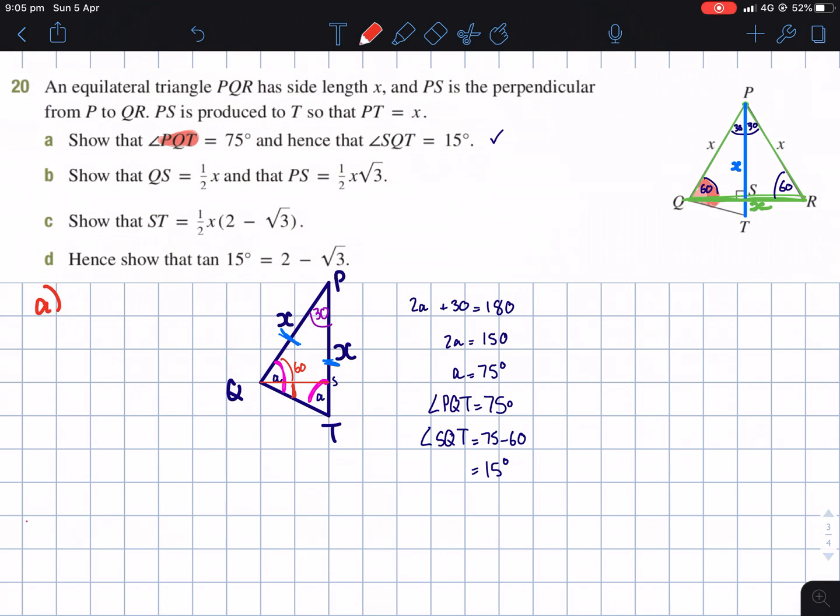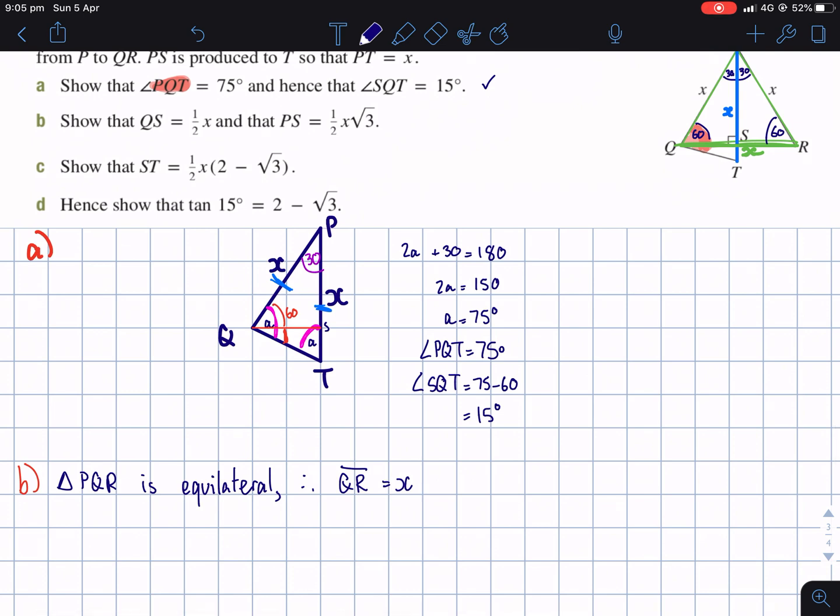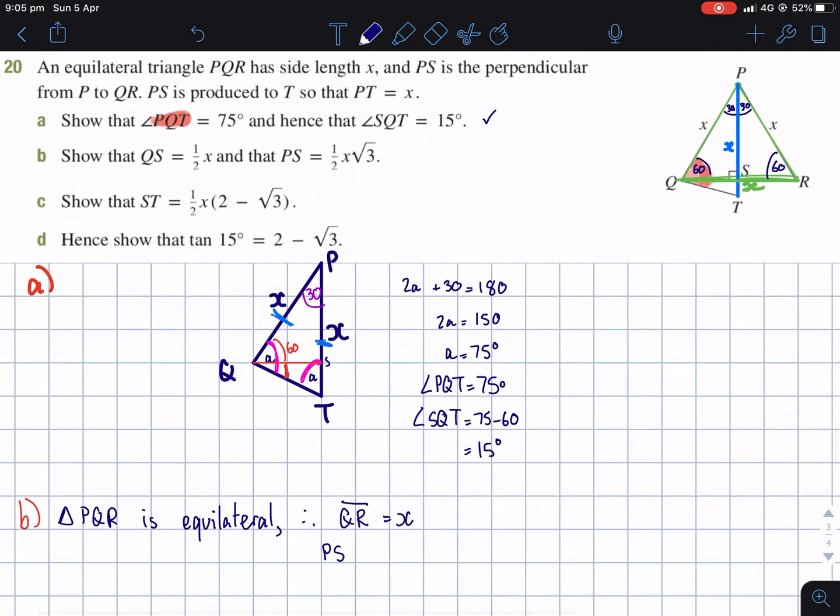Now let's have a look at B. Show that QS equals half X. Well, we know that triangle PQR is equilateral. So the line QR equals X. We know PS is perpendicular to QR, because they told us that.